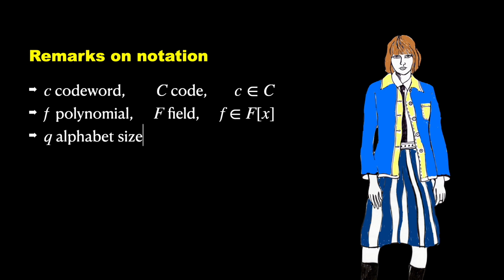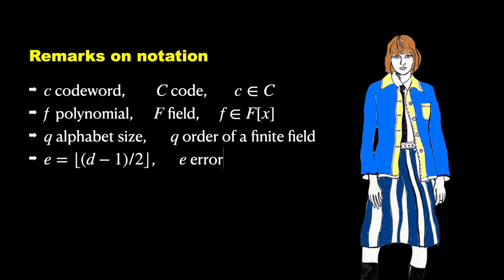We use Q for two things in this course. Q stands for the size of the alphabet, and Q will also be used for the order of a finite field. However, no confusion should arise from these two uses of Q, because in the remainder of the course, the alphabet will be the elements of the field GF(Q). And so, Q will be used consistently to represent both the alphabet size and the order of the field on Q elements.